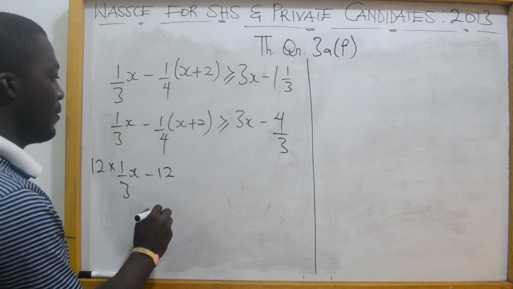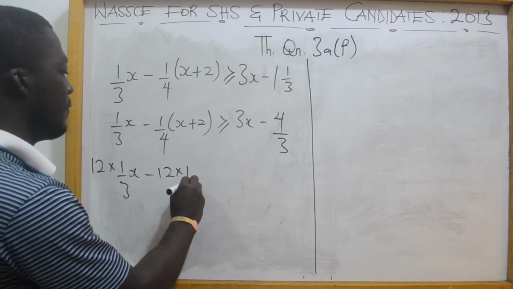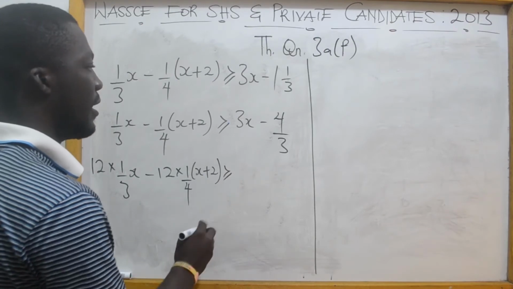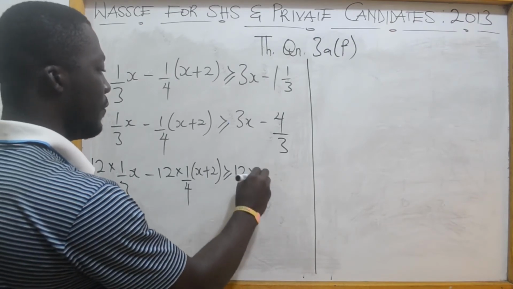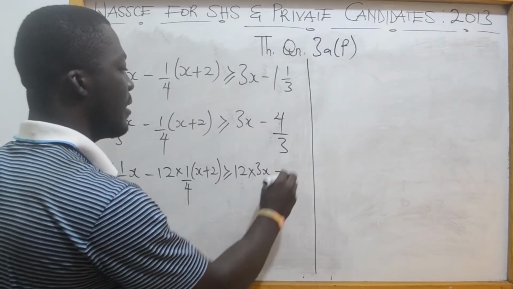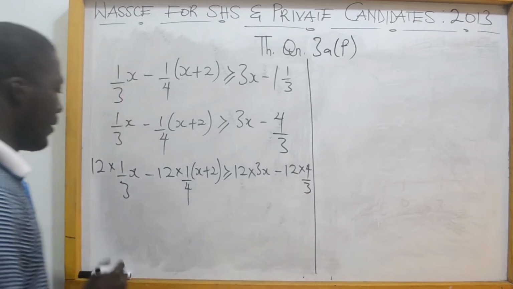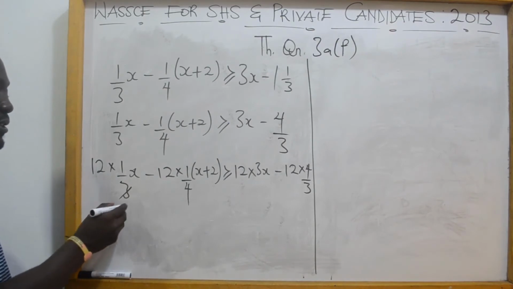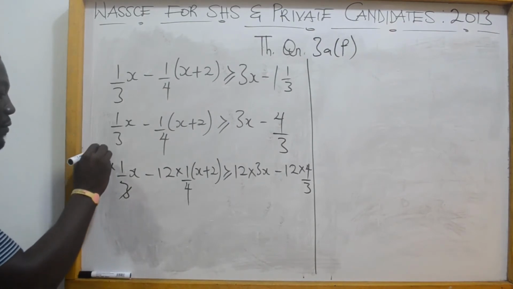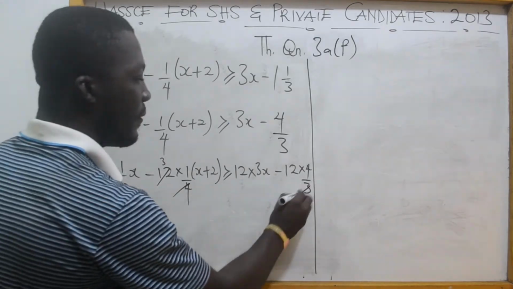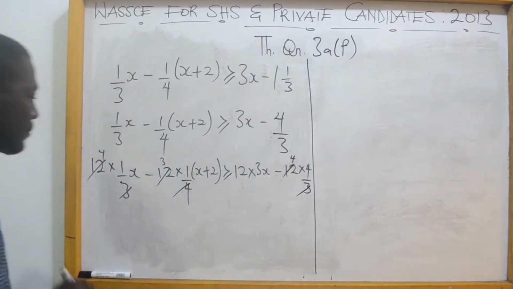So we pick the 12 and multiply by each of the terms. 12 times 1/3 x minus 12 times 1/4 x plus 2, greater than or equal to 12 times 3x minus 12 times 4 out of 3. Now cancellation: 3 into itself 1, and 12, 4. Then 4 into 12, 3. 3 into 12, 4.